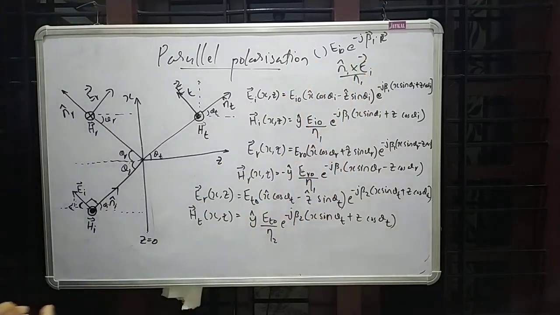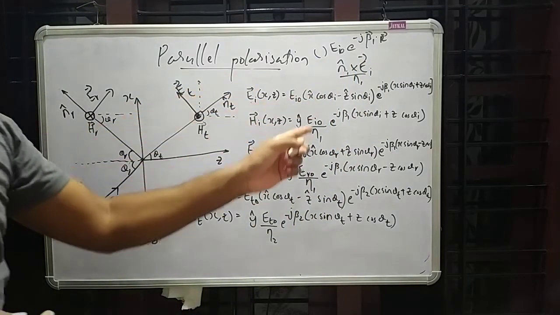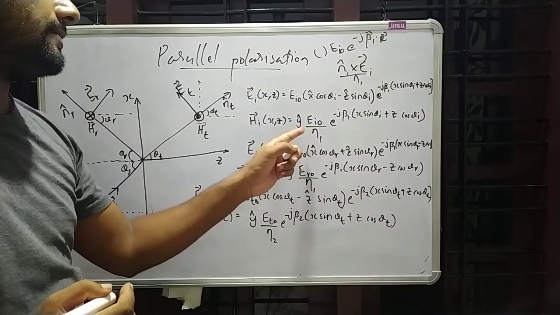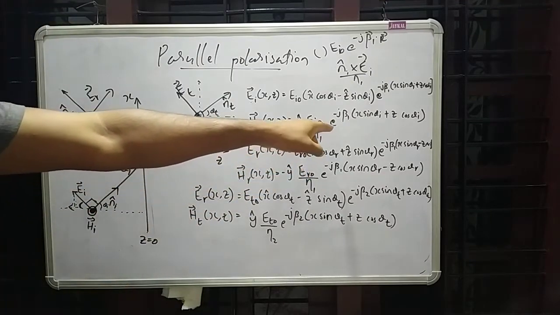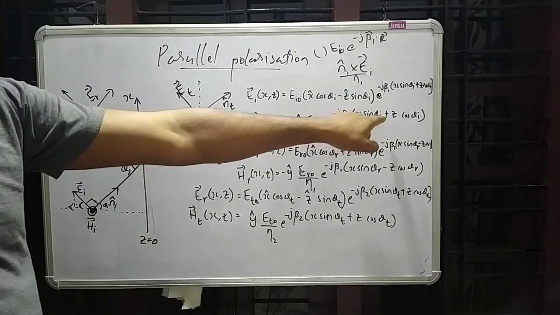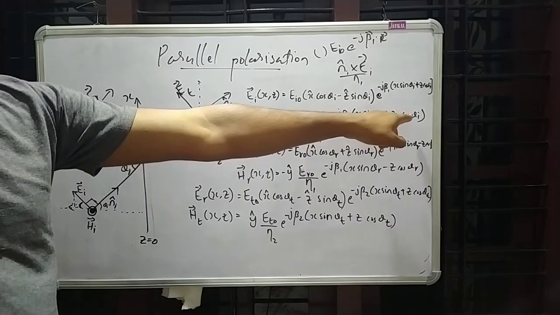So H_i is y cap E_i0 divided by eta 1 into e raised to minus j beta 1 x sin theta_i plus z cos theta_i.